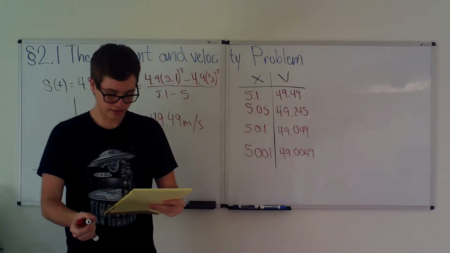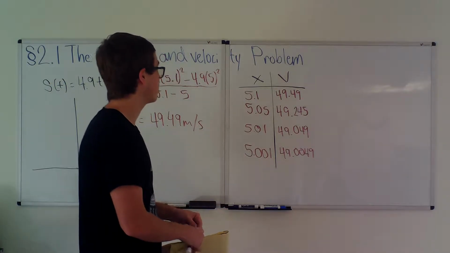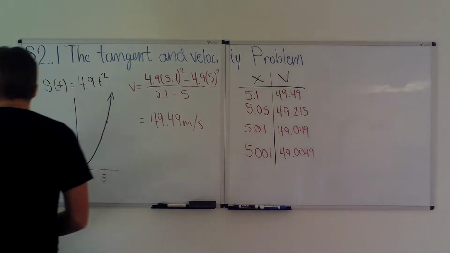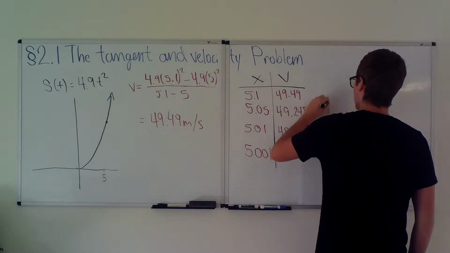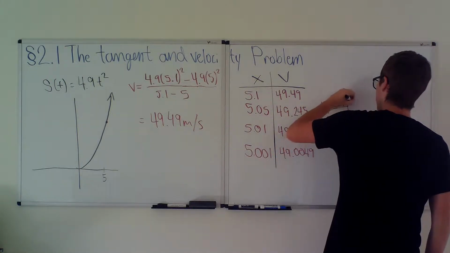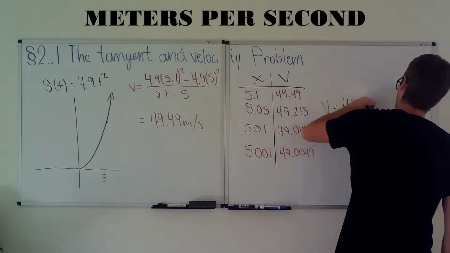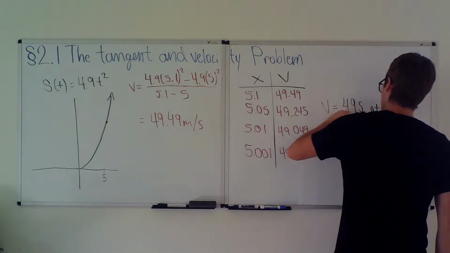So, as we can see, as t approaches 5, velocity is getting a lot closer to 49. So we can assume velocity is equal to 49 meters per second at t equals 5.